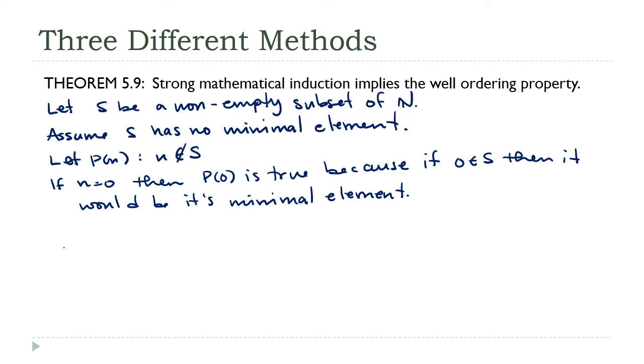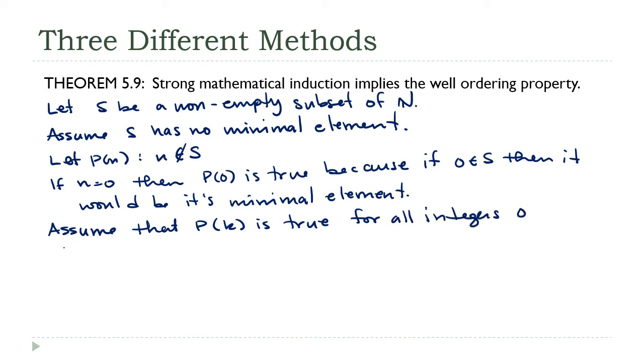All right, now remember, we're using strong induction here, right? So strong induction says assume that P of k is true for all integers m between 0 and k.